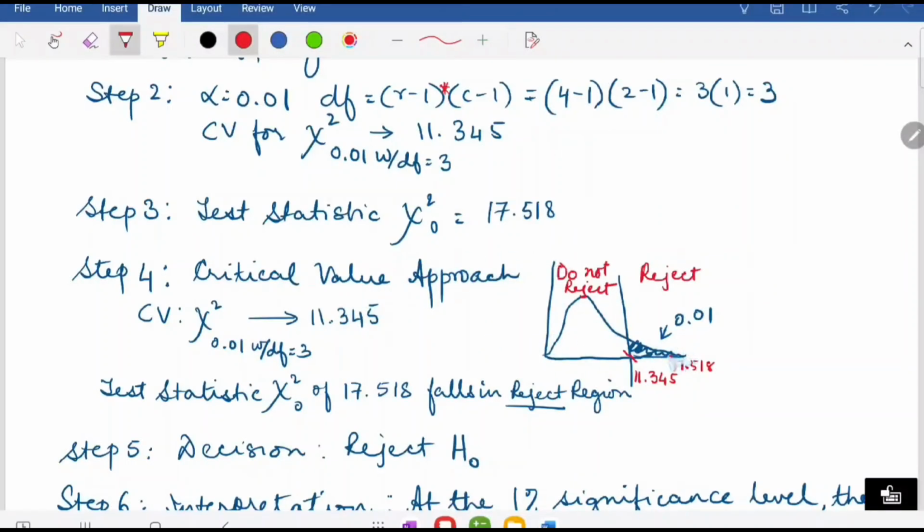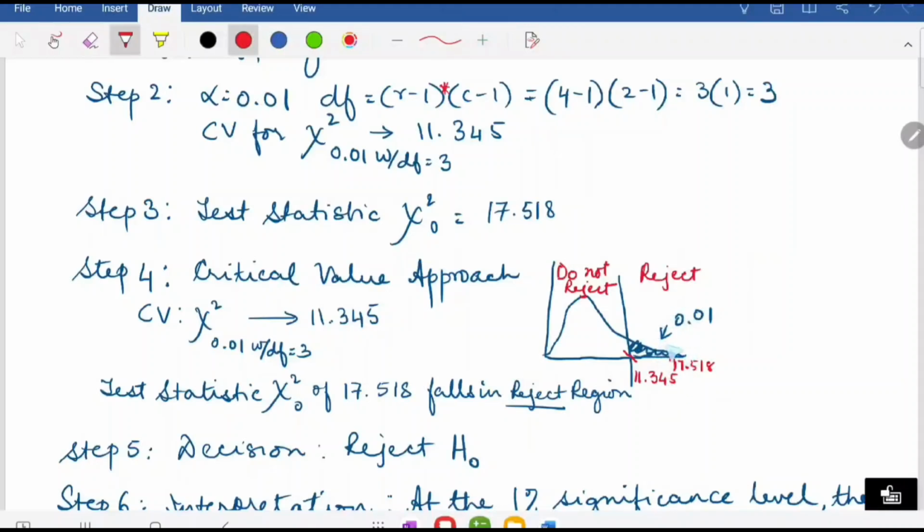Draw your diagram. Again, it's a right-tailed test, so our reject region will be on the right. The do not reject region will be to the left. You have to show your cutoff or the critical value on the diagram, 11.345.